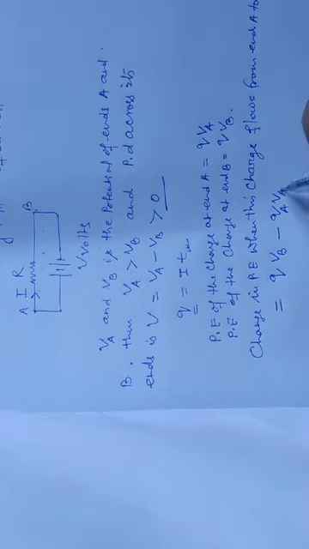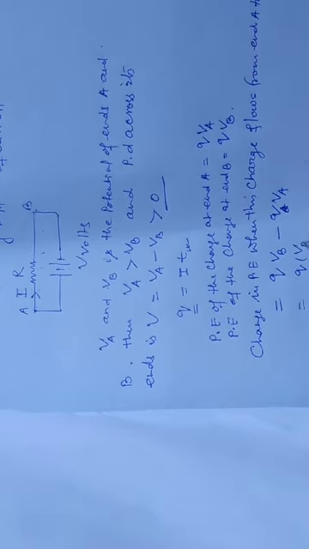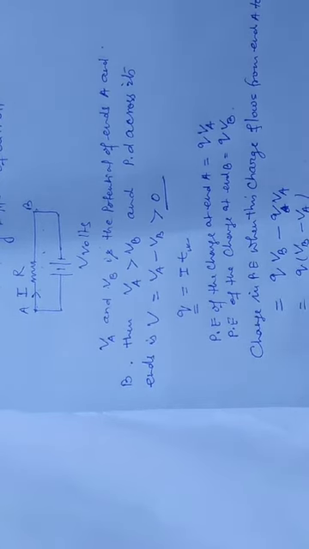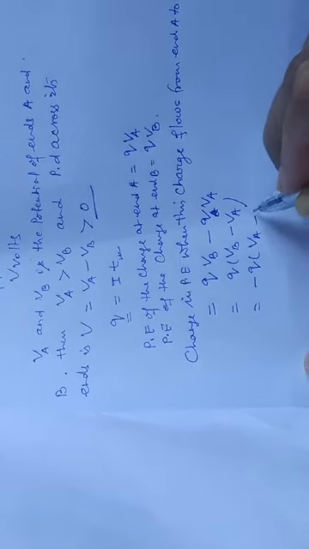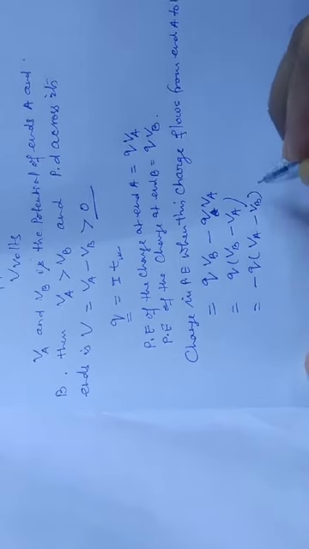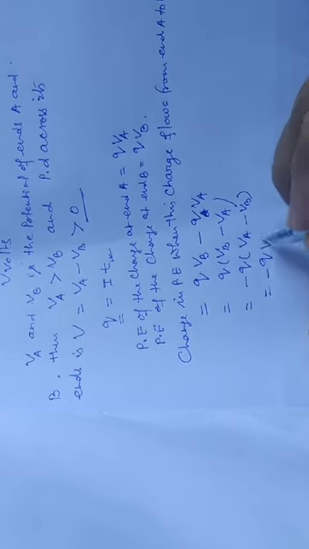So this is Q into (VB minus VA). This can be further written as minus Q (VA minus VB), and this is minus Q into V, which is less than 0.